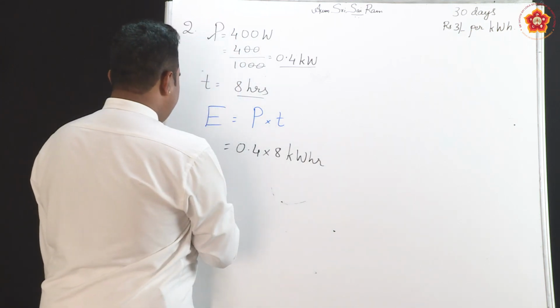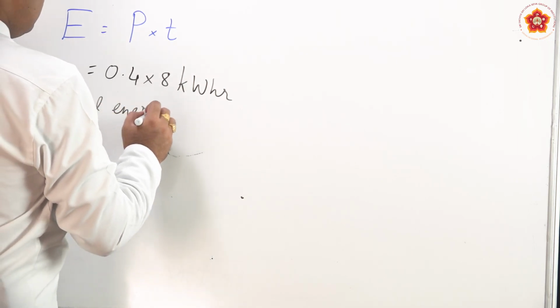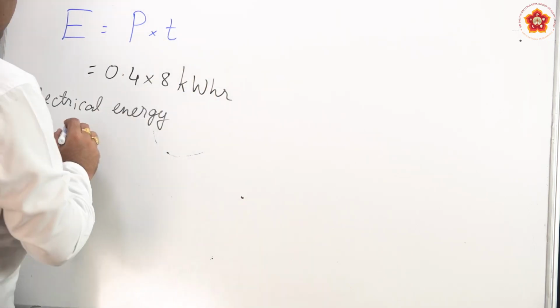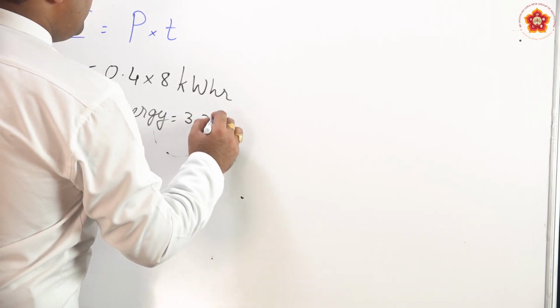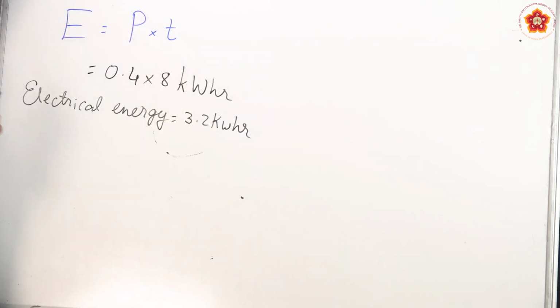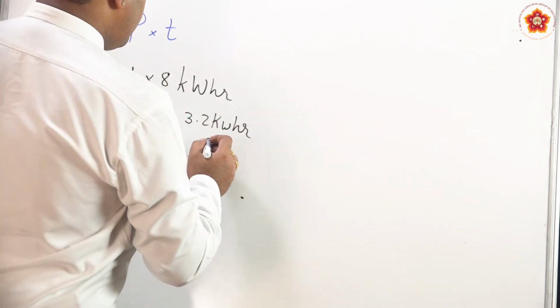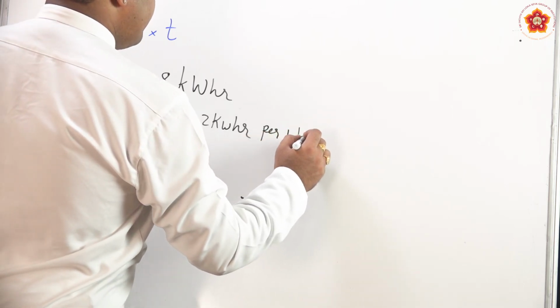So, electrical energy is 3.2 kilowatt hour, and that is for 8 hours in a day. So, therefore, 3.2 kilowatt hours per 1 day.